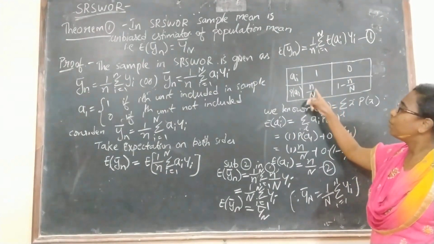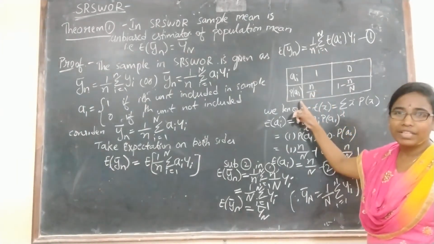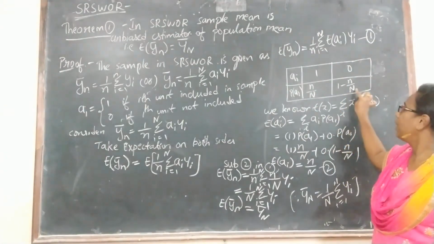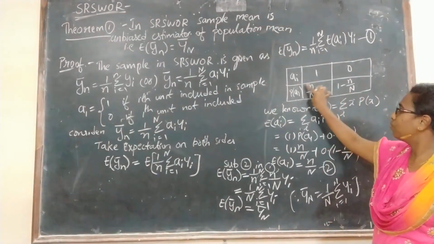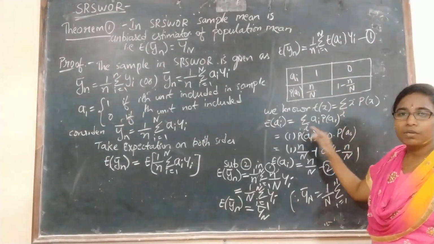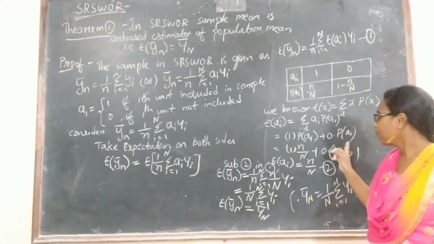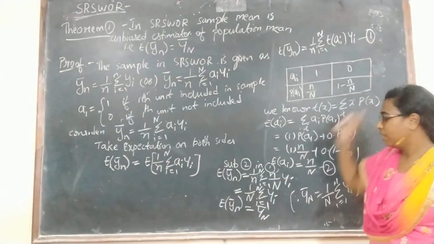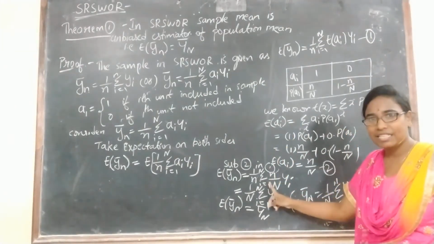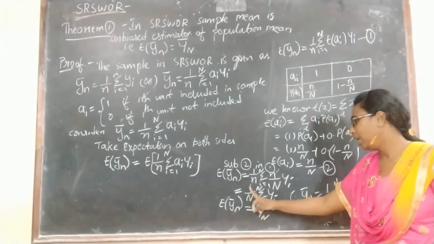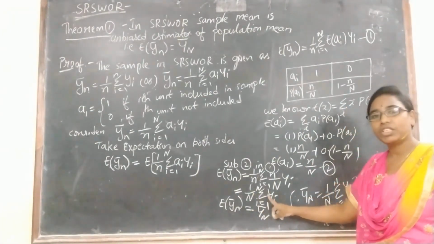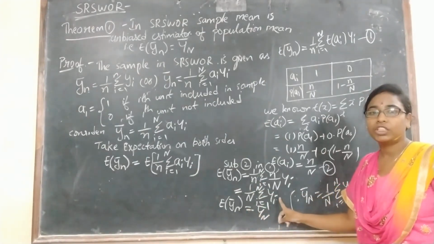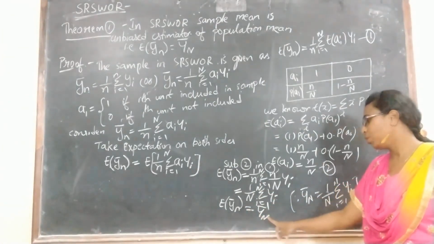In SRS WOR, the probability of the ith unit being selected in the sample is small n by capital N, and the remaining probability will be 1 minus this probability. So substitute these values and find the expectation value. Whatever expectation value you get, substitute in equation 1. Small n and capital N get cancelled. After that you will be left with only 1 by capital N summation I equals 1 to N yi. So this is nothing but the population mean formula, equal to Y bar.